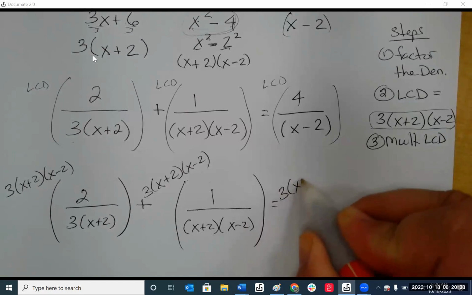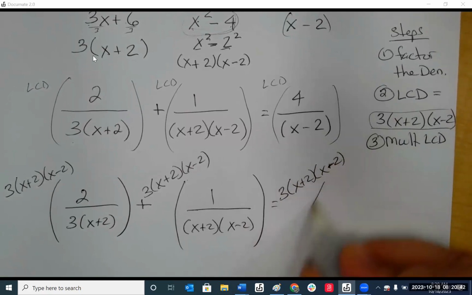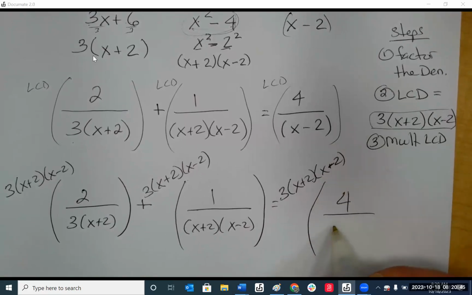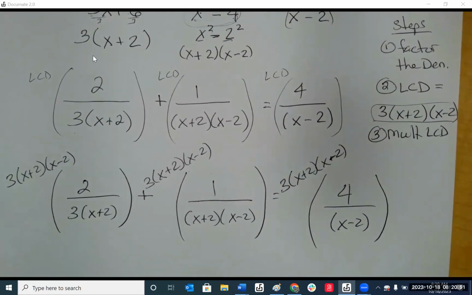Equals 3 x plus 2, x minus 2. I put the LCD in front of each term.